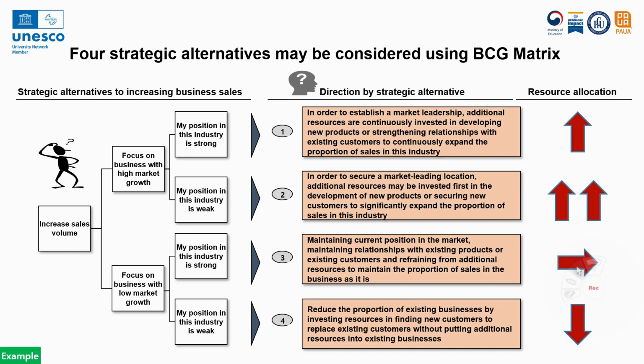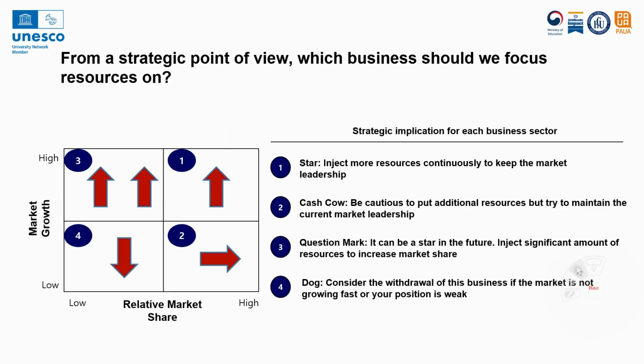One of the key factors we will divide on is whether the market growth rate is high or not, right? That's the left-hand side, the X axis.